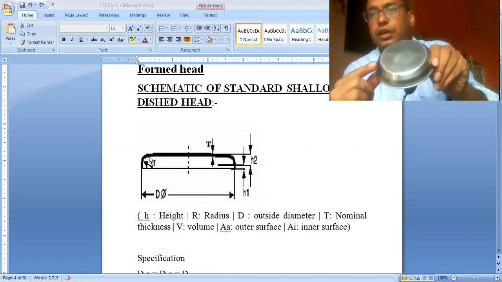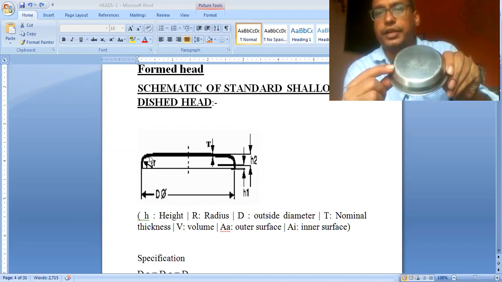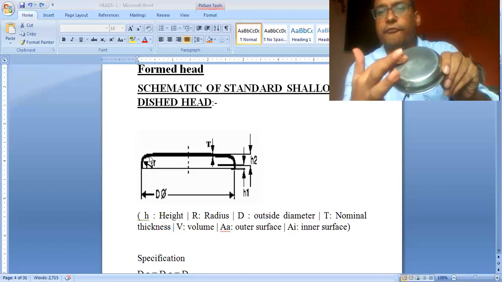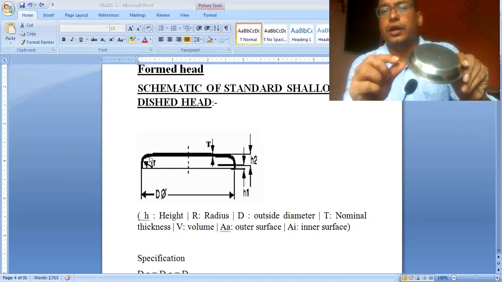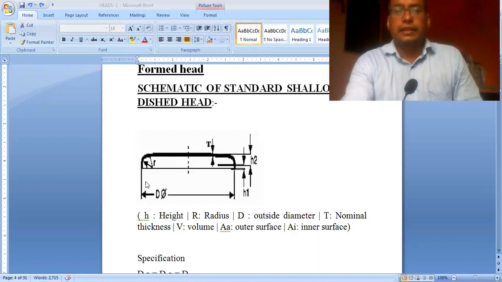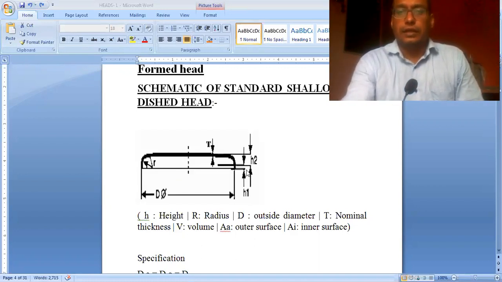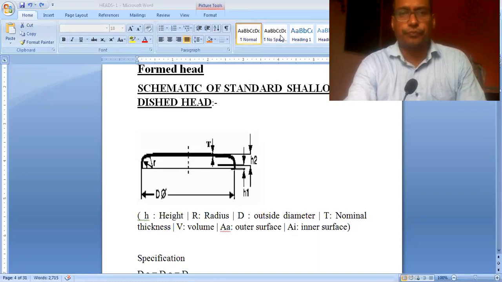This is more or less a flat shallow dished head. This shallow dished head is used at a slightly higher pressure. However, the toruspherical head is also used.